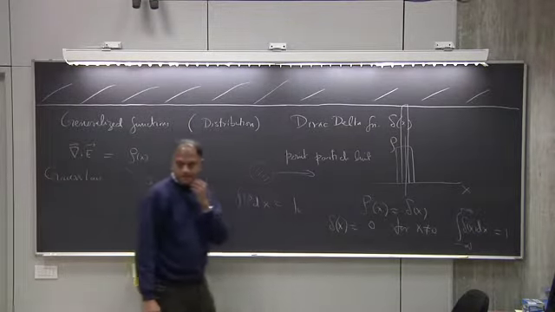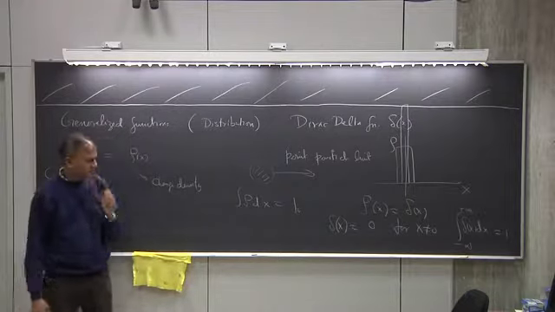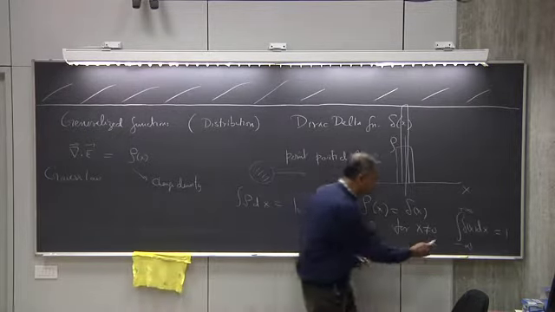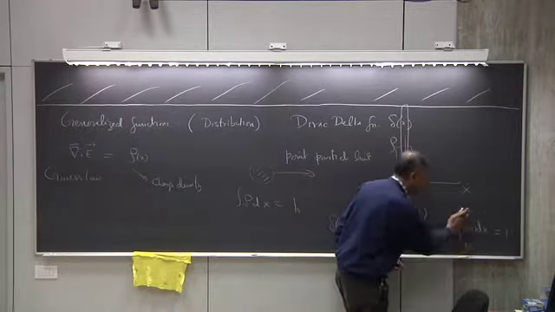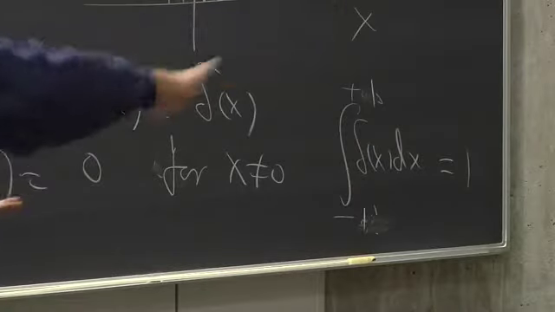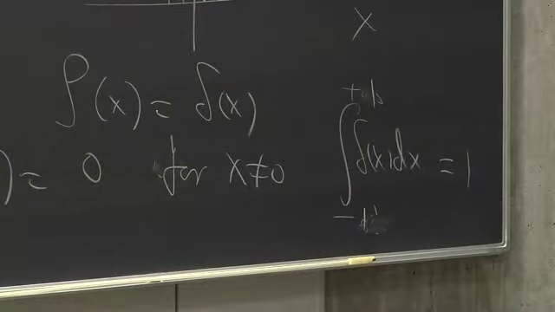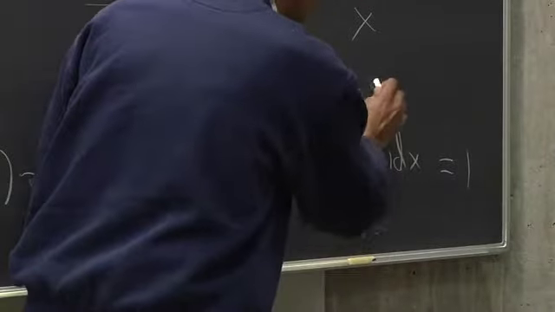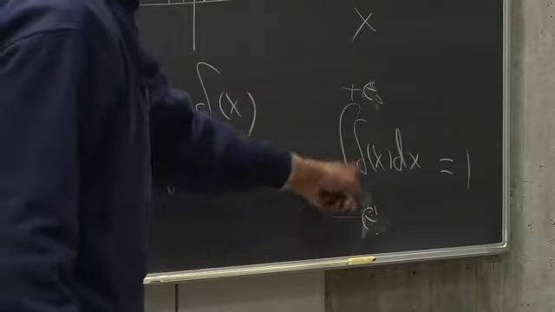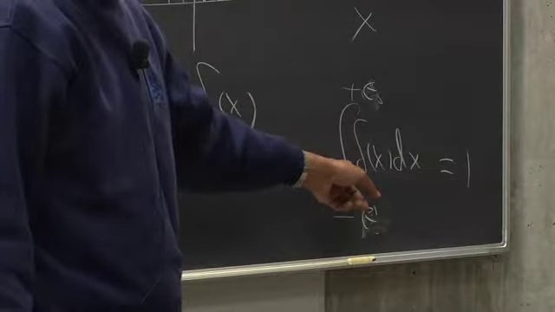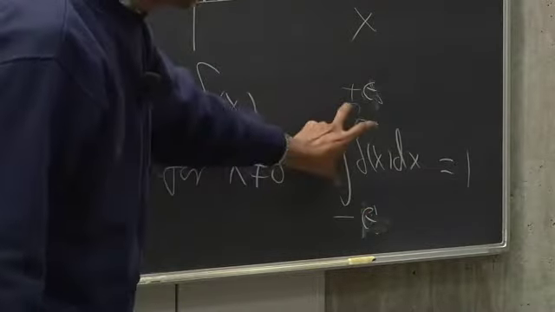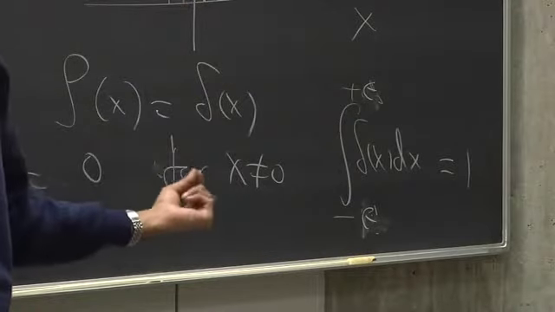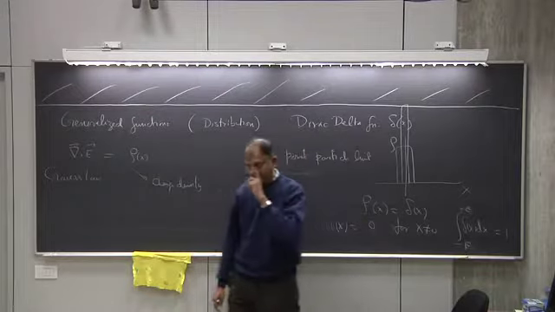Anyway it is 0 everywhere, so you might as well just put from -1 to +1. It doesn't matter because outside it's 0 anyway. So any interval from -epsilon to +epsilon, that integral will be equal to 1, because the interval includes the point x equal to 0 also. Okay, so this is the idea.